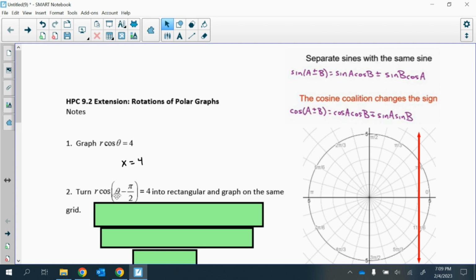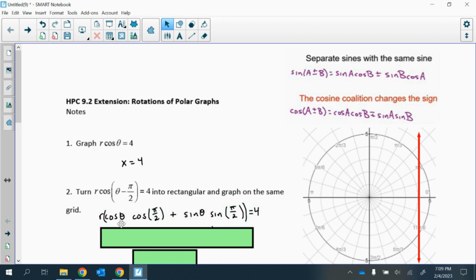So in this problem, we see cosine of a minus b. So that's cosine a cosine b plus sine a sine b. It changes the sign. So we're going to have r times cosine of theta, cosine of pi halves, plus sine theta, sine of pi halves.